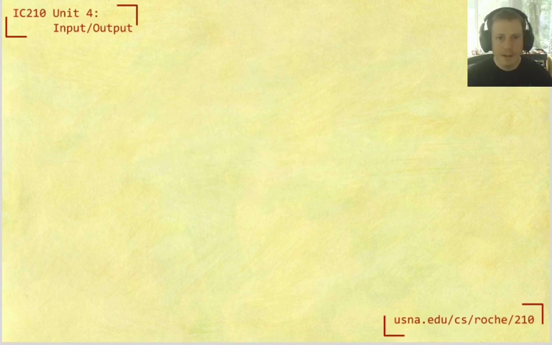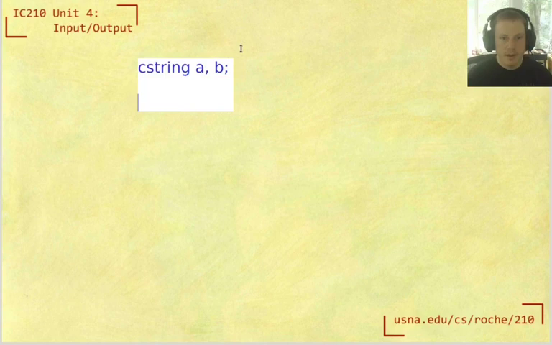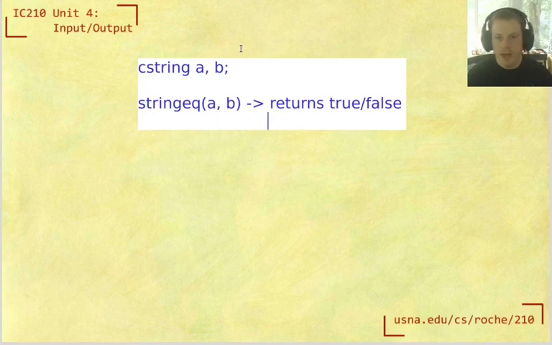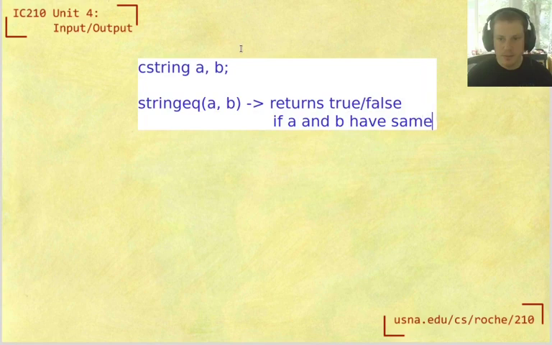And then the very last thing is the string equal function. So just remember that if I have cstrings A and B, then string equal, what does this do? This returns true or false if A and B are the same string, if A and B have the same contents.